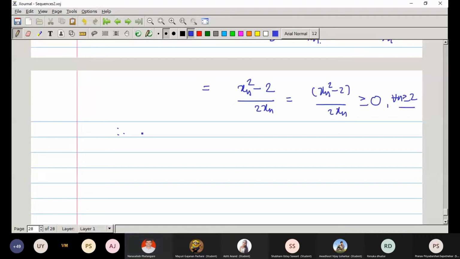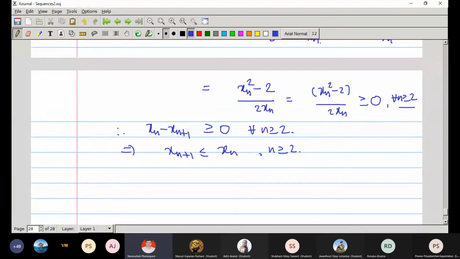Therefore, xn minus xn plus 1 is greater than or equal to 0 for all n greater than or equal to 2. That means xn plus 1 is less than or equal to xn for n greater than or equal to 2. Neglect the first term, that is not an issue. We are interested in what happens at infinity, far away from the first term. Therefore, the first few terms don't matter as far as convergence is concerned, right?